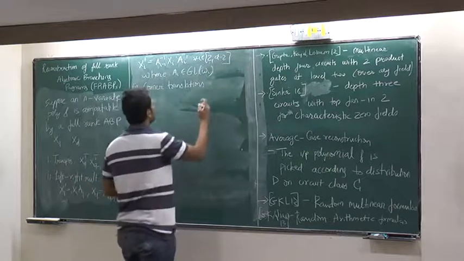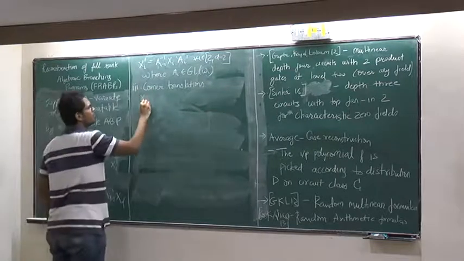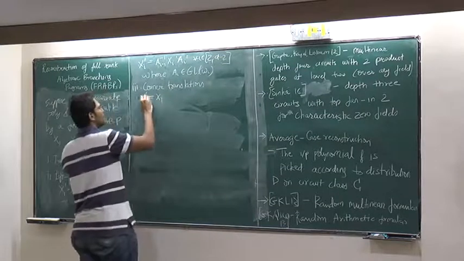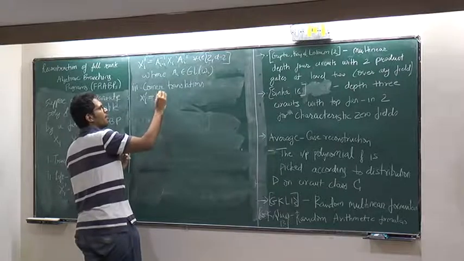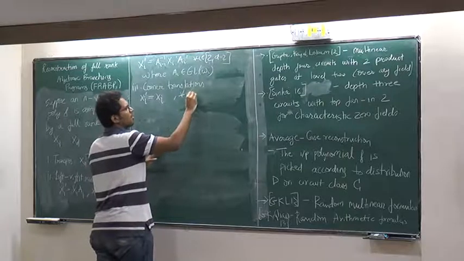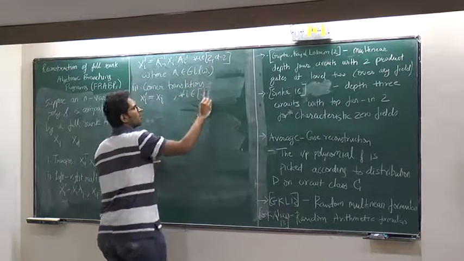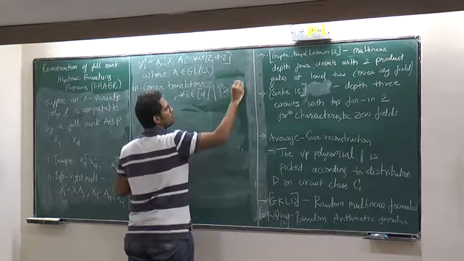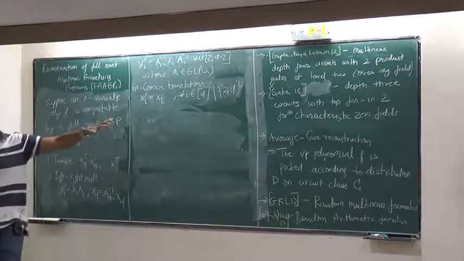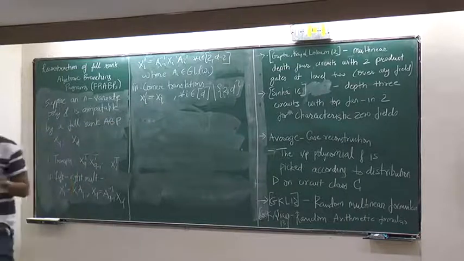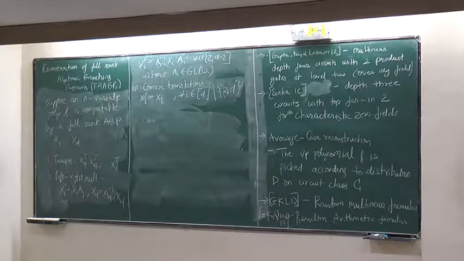So your xi prime is... you remove x2 and xd minus 1. I'll state the transformation for x2 and xd minus 1. Is it okay?